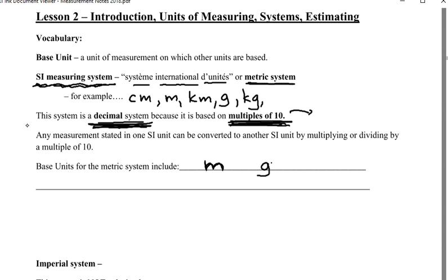Last one is capacity, volume. Liters. How much does it take to fill something? Well, liters is the base unit, but again, we could have smaller versions of that, centiliters, milliliters. We could have bigger versions of that, kiloliters. Metric system works the same, which is really nice.